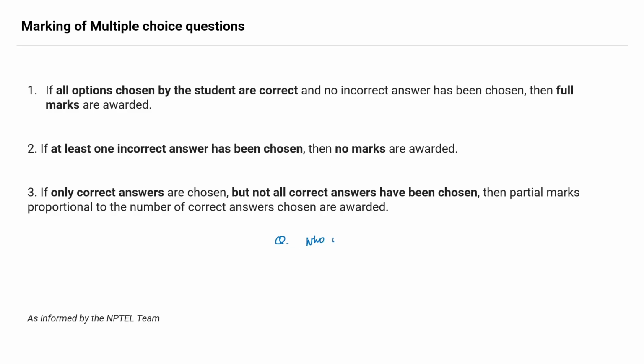If the question is: who among the below are in the playing 11 of the Indian cricket team? I'm just taking this example at random, please do not go with it.